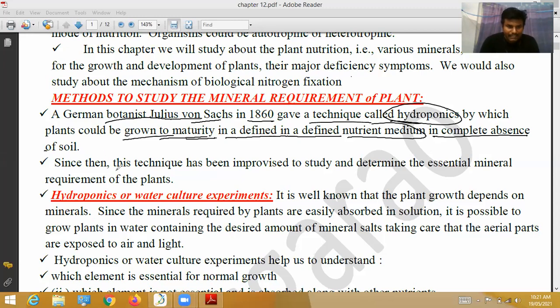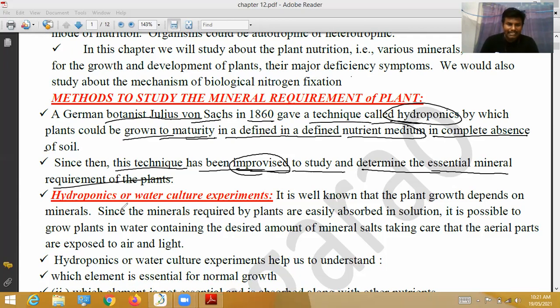Since then, this technique has been improved, to study and determine the essential mineral nutrients of the plants. With the help of this method, we can study and determine what kind of minerals are essential to the growth and development of the plant.